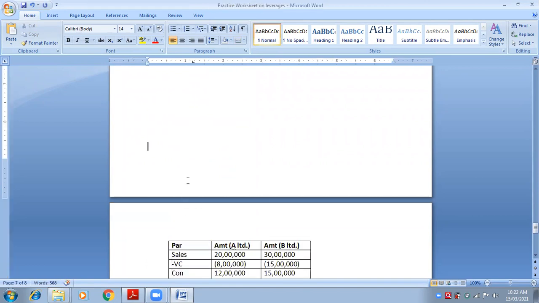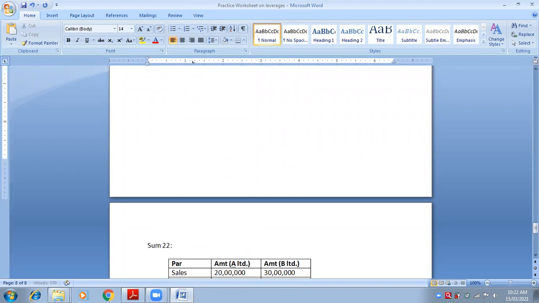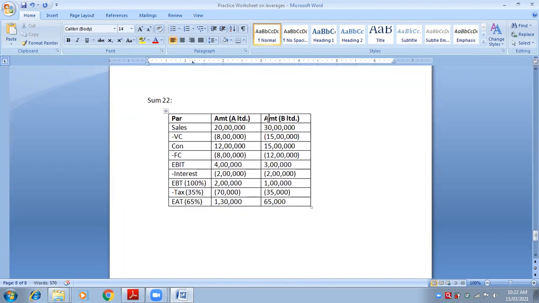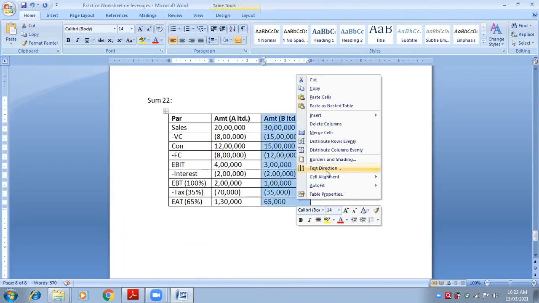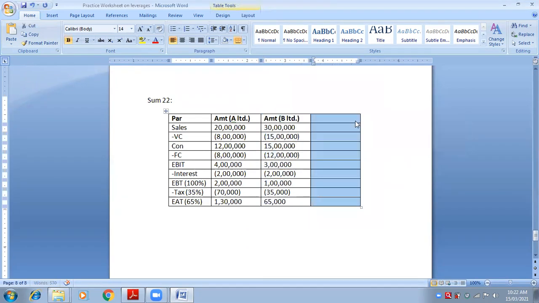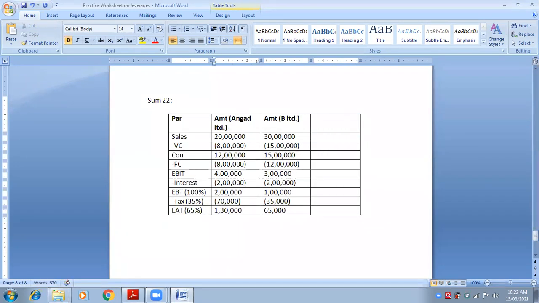Okay, and this sum is sum number 22. 3 companies are there, so we need to add one more column. So here we will write Angad Limited. This is Ganesh. I think yes, Ganesh, no? Yes, Ganesh and Lakshmi.